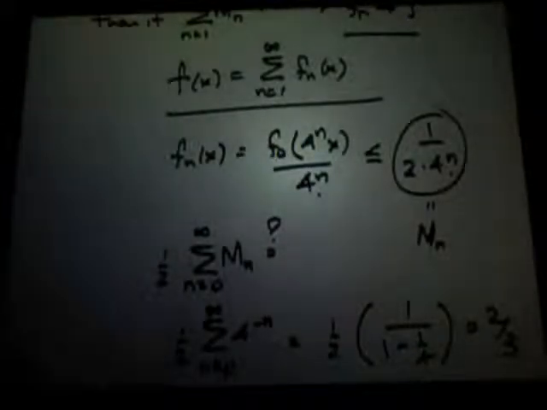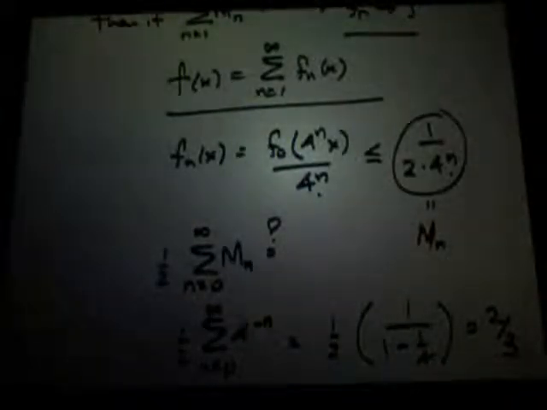So the convergence is uniform. I have now a uniformly convergent sequence of continuous partial sums, therefore they must converge to a continuous function by the theorem.